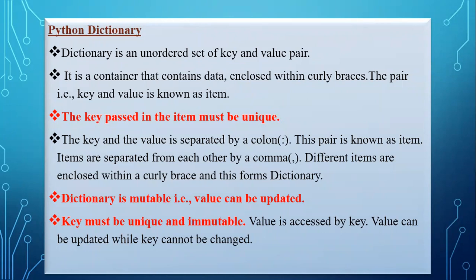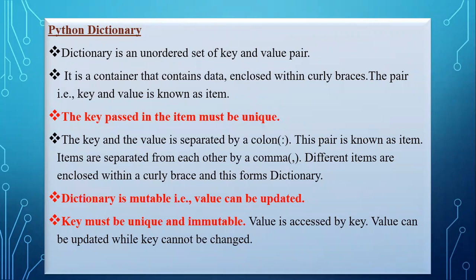For a tuple, the items are placed inside parentheses. And for a dictionary, the items are placed inside curly braces. And that pair, the key and value, is known as what? Item. Not a single thing. The group or the pair only, we call it an item here in dictionary. And the key passed in the item must be unique.